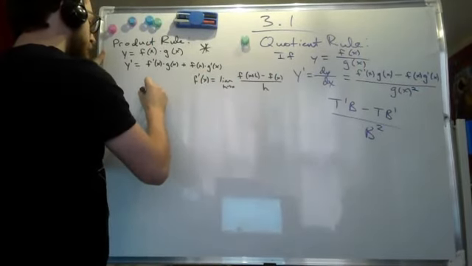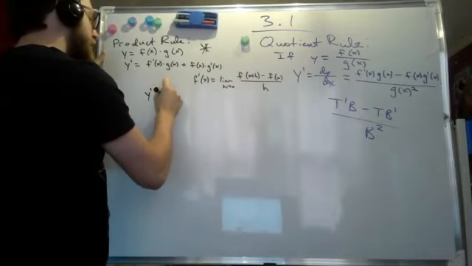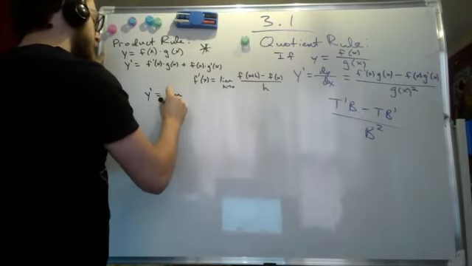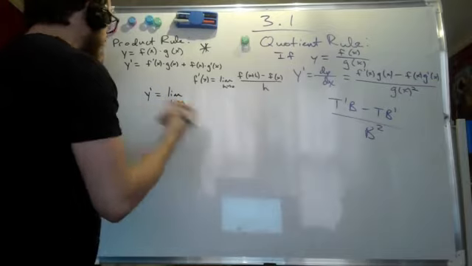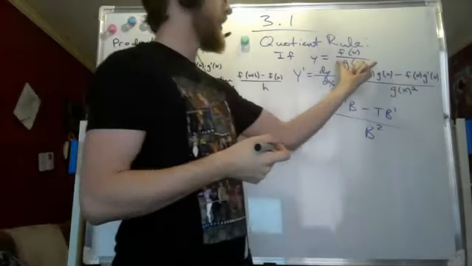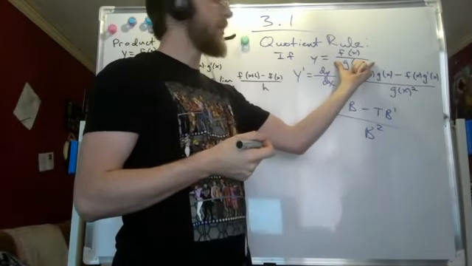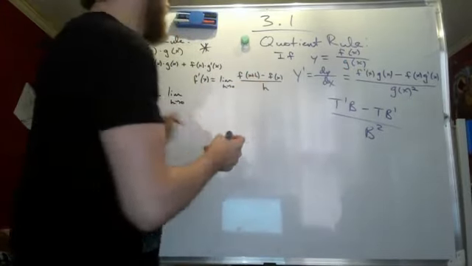So y prime is equal to the limit as h goes to 0. And just as before, I'm just going to take f of x divided by g of x and plug in x plus h.